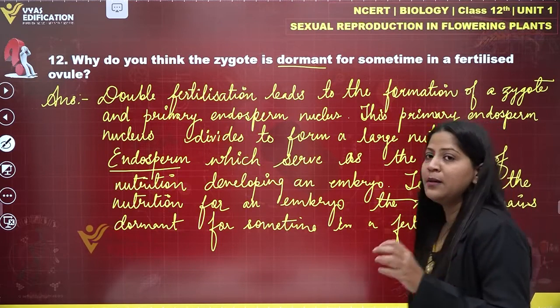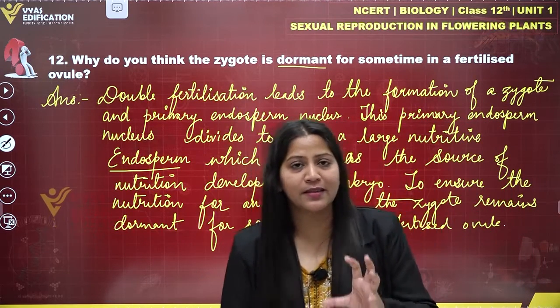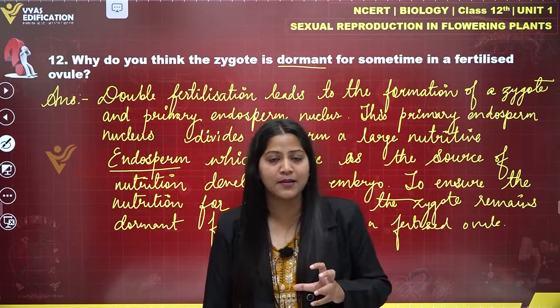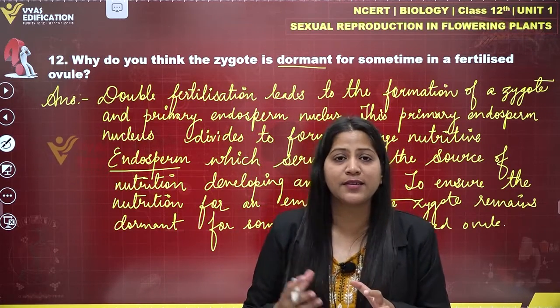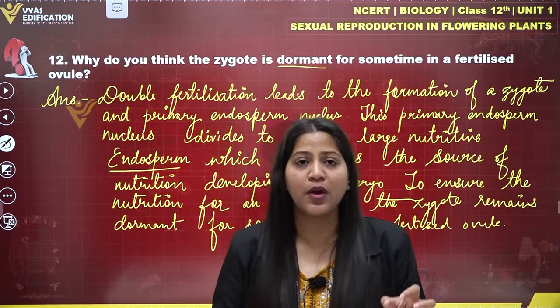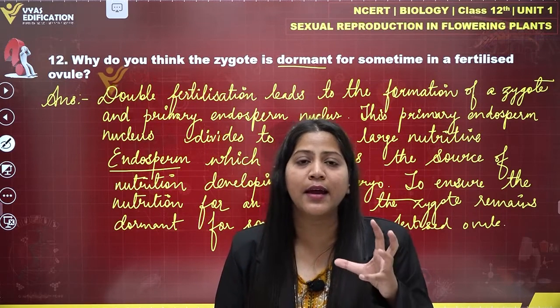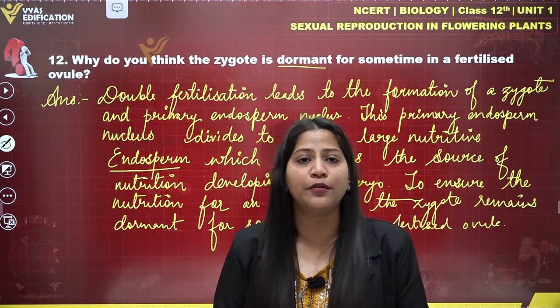What actually happens when fertilization takes place in angiospermic plants is double fertilization, syngamy and triple fusion, which occur simultaneously inside the embryo sac of a flower.